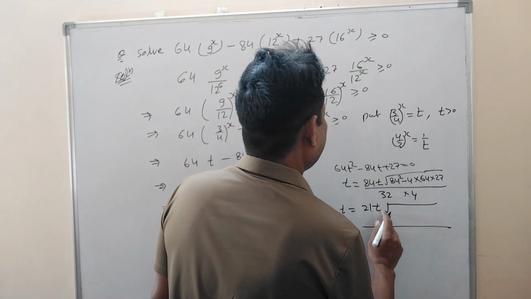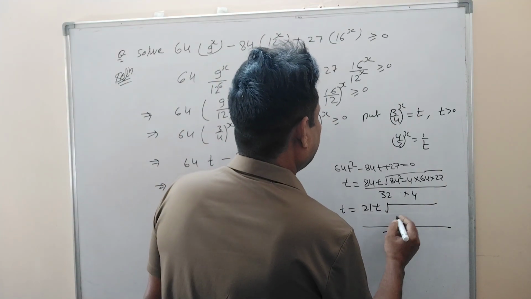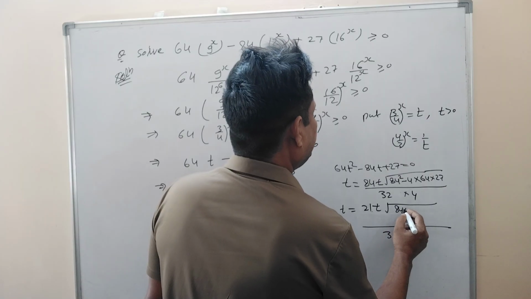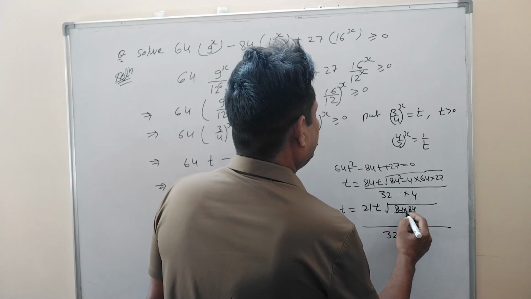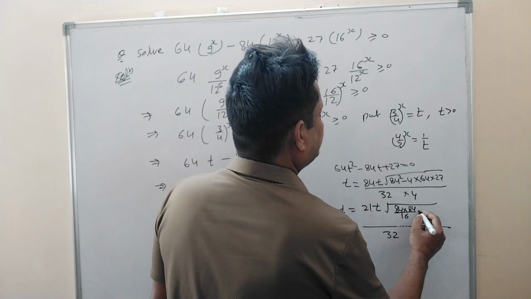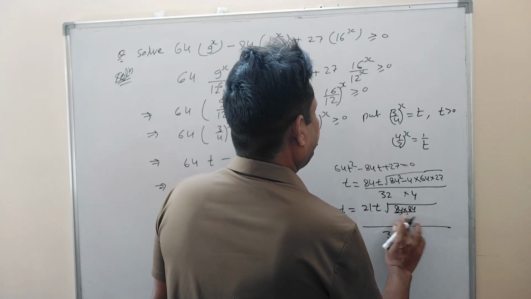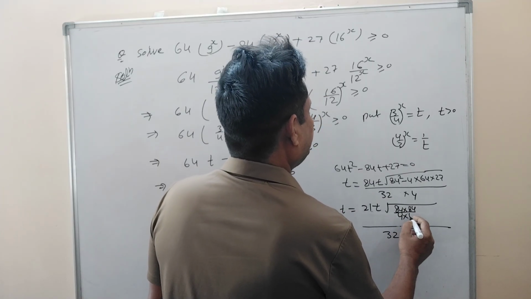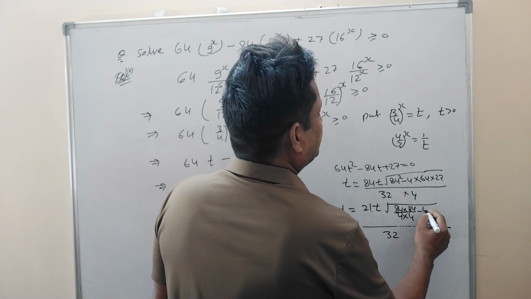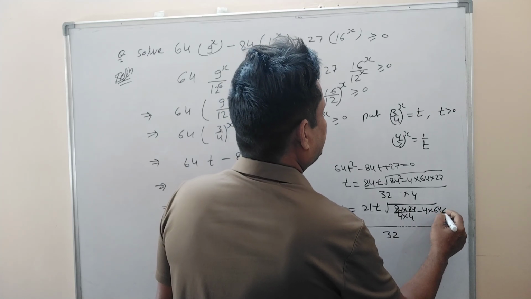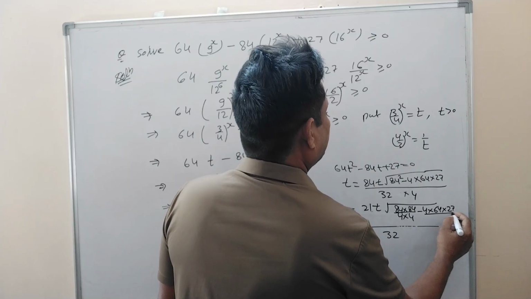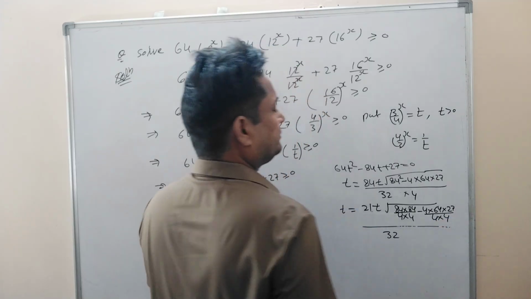So this result will be 84 into 84 by 16 minus 4 into 64 into 27 by 4 into 4.